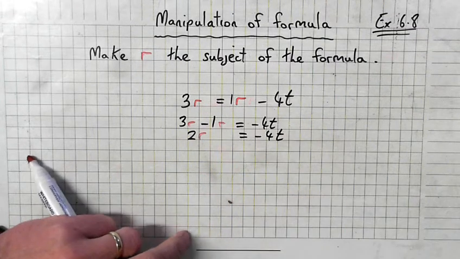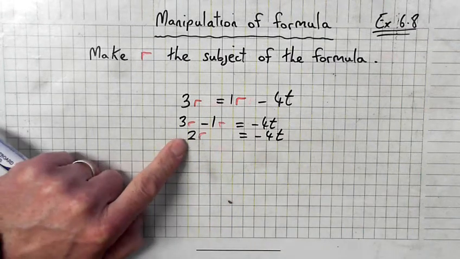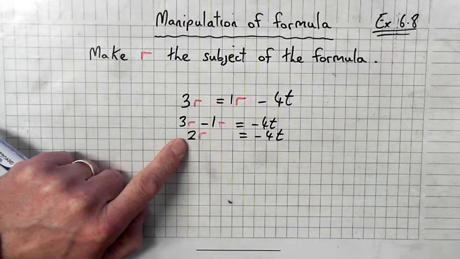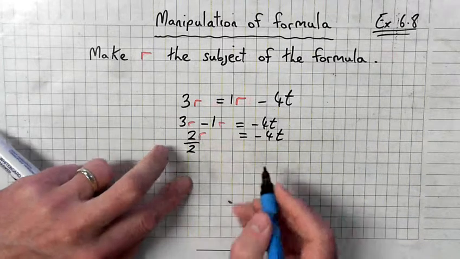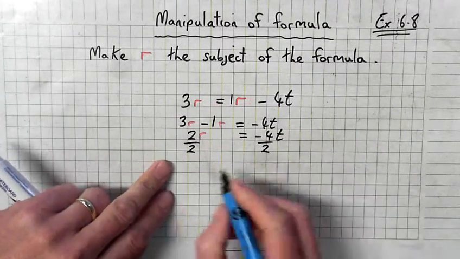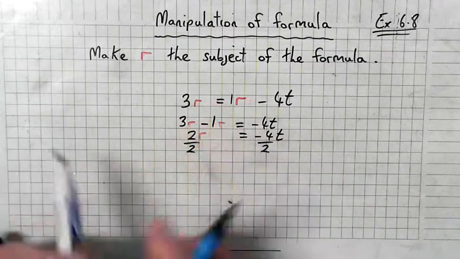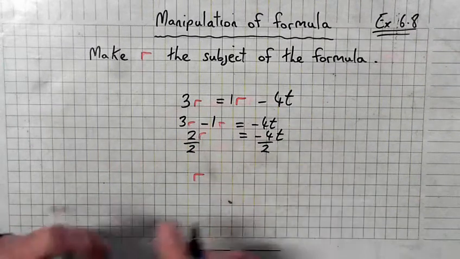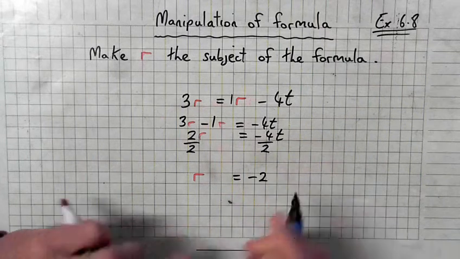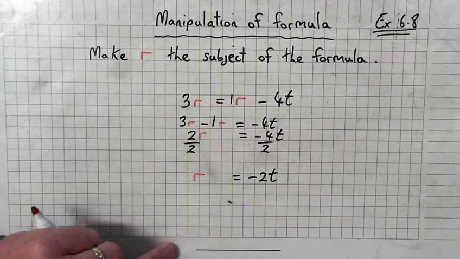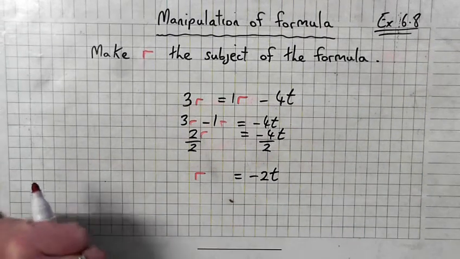Now what do you do here? Divide both sides. You want to get rid of the 2, so divide by 2. So 2 divided by 2 is 1, r is equal to minus 4 divided by 2, minus 2t. So r is equal to minus 2t.